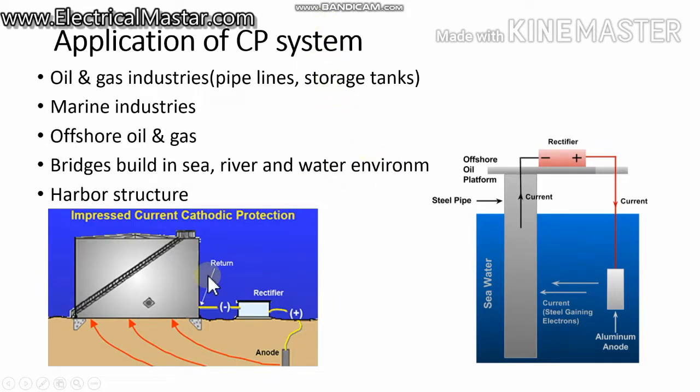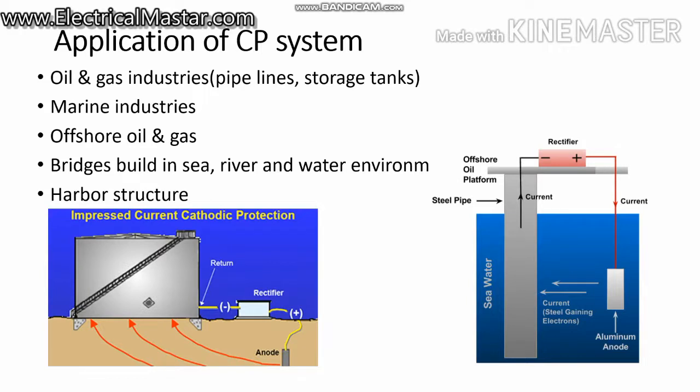CP systems are used for harbor structures too. So CP is one of the major techniques we use in most industries everywhere. And that's why I'm suggesting this cathodic protection system.